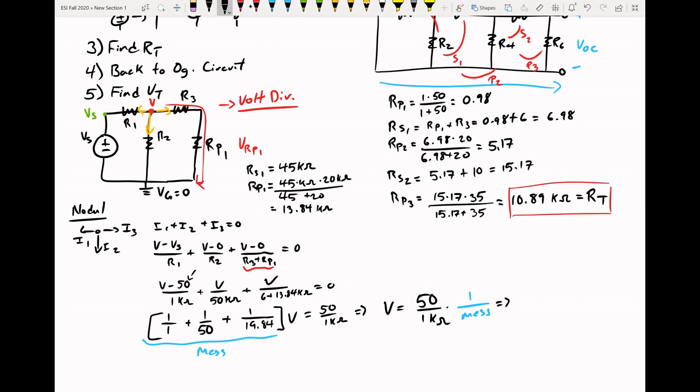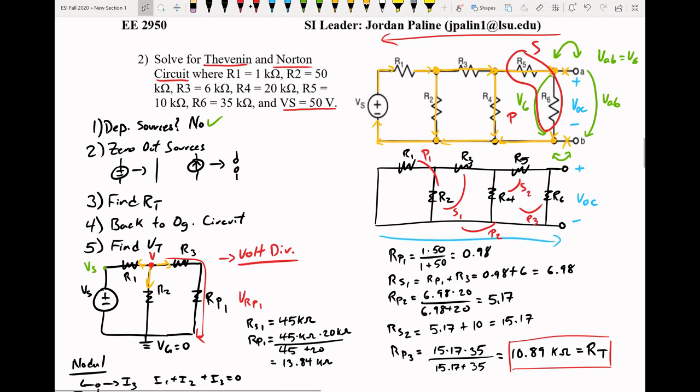Okay, and therefore that value of V is going to come out to be 19.4 inverse plus 50 inverse plus 1. This will come out to be 46.71 volts. Okay, so that's the voltage value here.